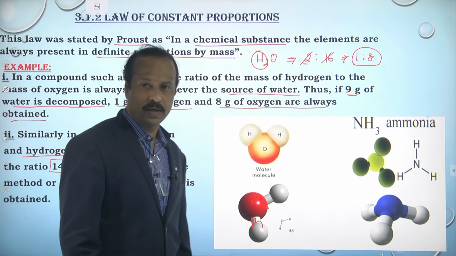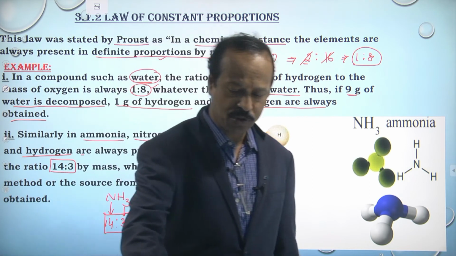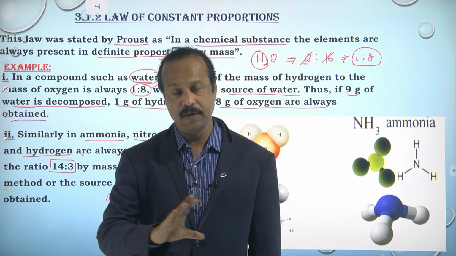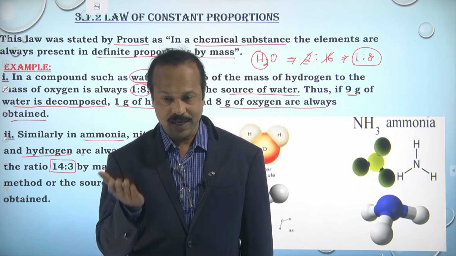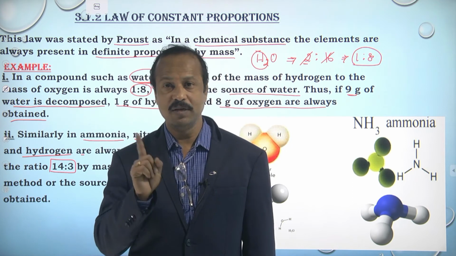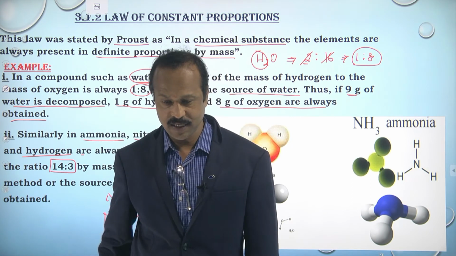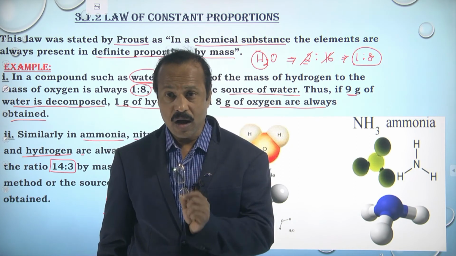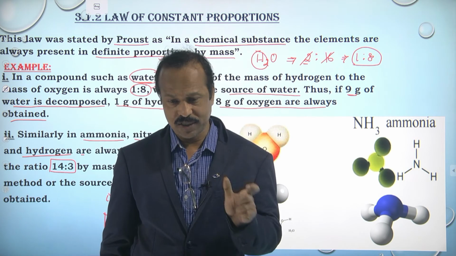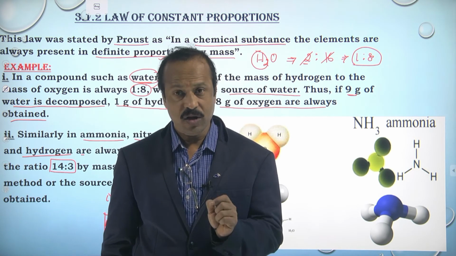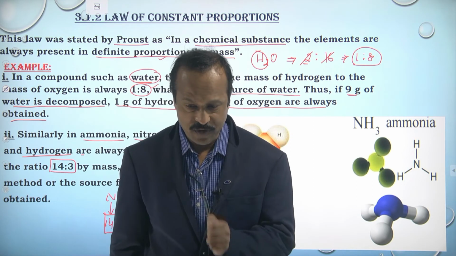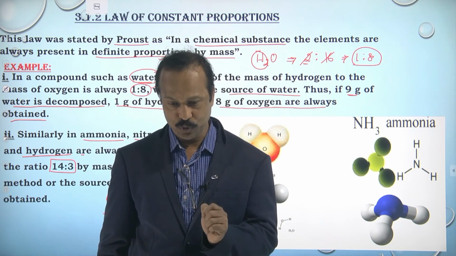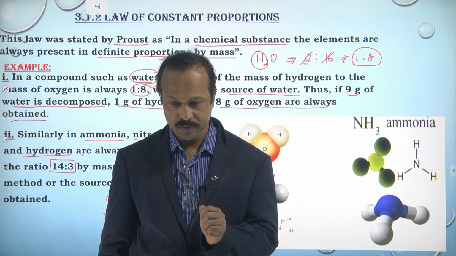Even if you prepare it from different sources, if you calculate the mass ratio, that remains 14:3 only. Is this clear to you? This is called the law of constant proportions, or definite proportions. Is this clear to you?